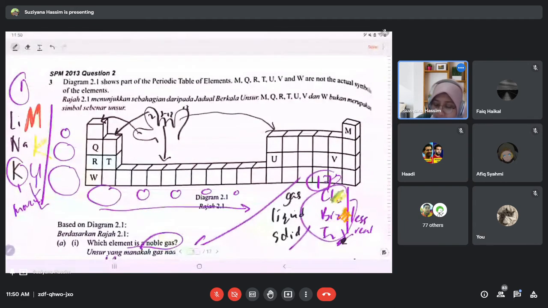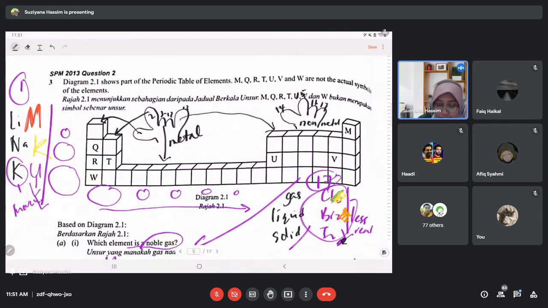And then here, 14, 15, 16, 17. 18 teacher I don't want, because 18 is very stable. 14, 15, 16, 17. Okay. So, this one is metal. This one is non-metal.